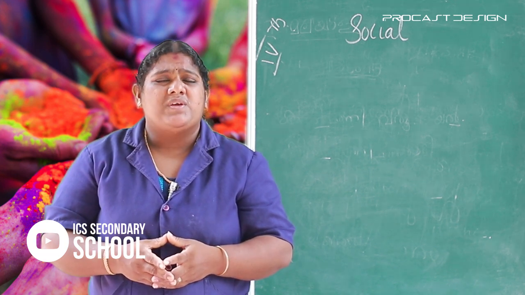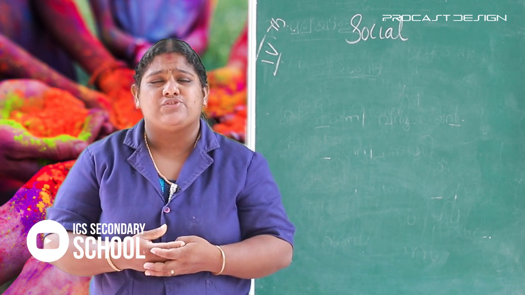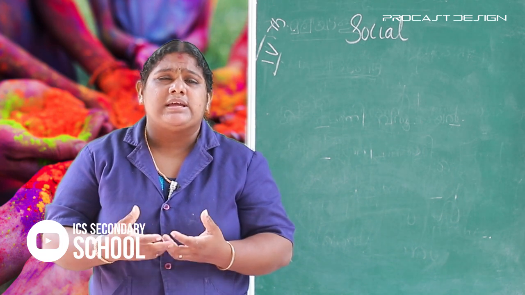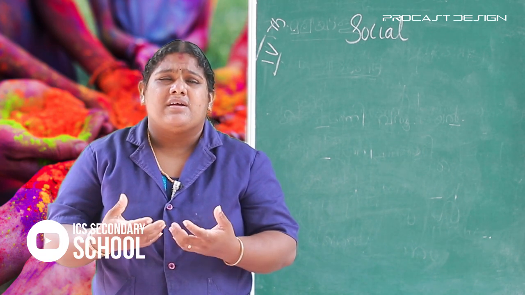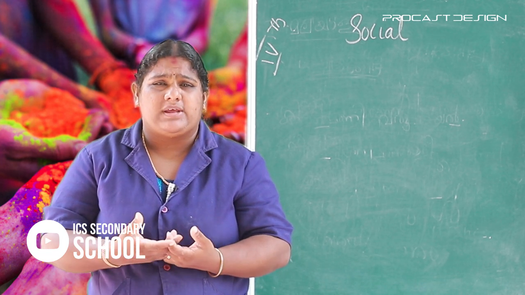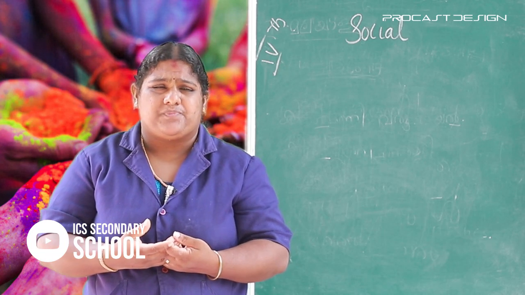After that, we studied the wildlife in the desert region. Black buck, camels and the great Indian bustard are the main important animals in the desert region.